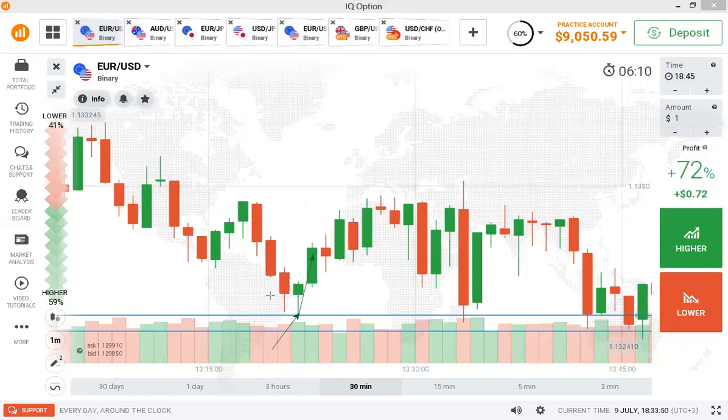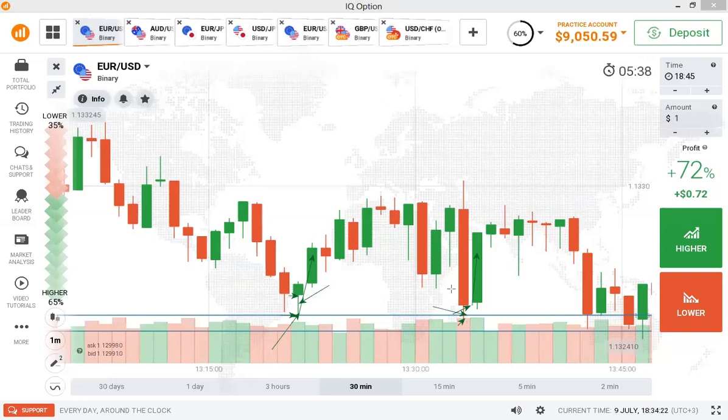We can see that the rejection from here to here is very strong. Now look at here, strong rejection to this level and bias entry. We can see that the first rejection here is longer than this.